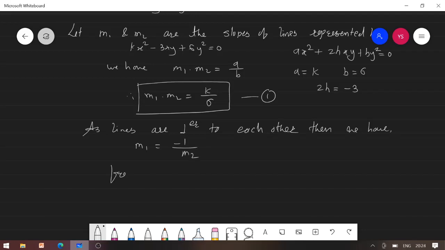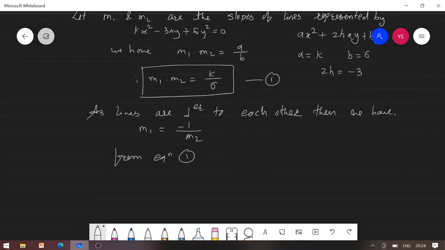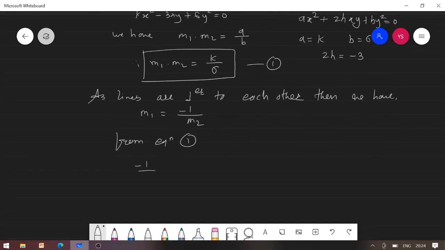So now replace m1 by its value. From equation 1 we have minus 1 upon m2 into m2 equals k by 6. Here m2 gets cancelled, it gives minus 1 equals k by 6. That implies k becomes minus 6. Shifting 6 from RHS to LHS, it becomes a multiplier to minus 1. Minus 1 into 6 gives minus 6.